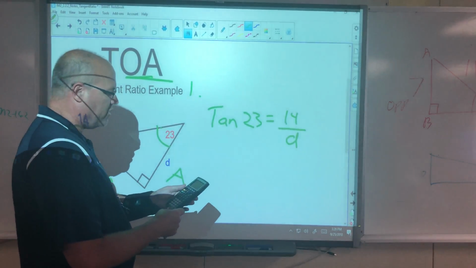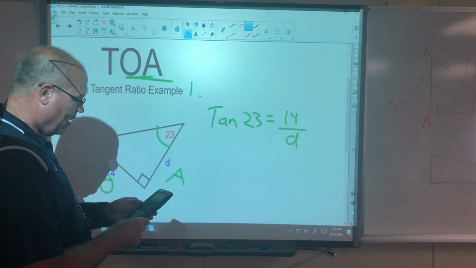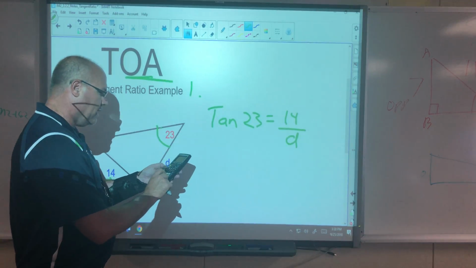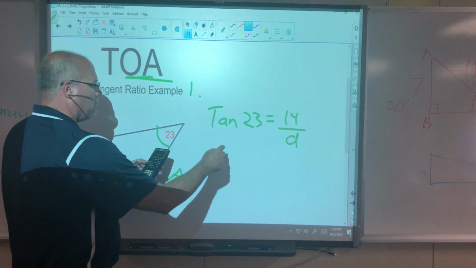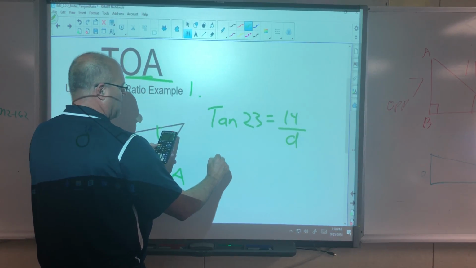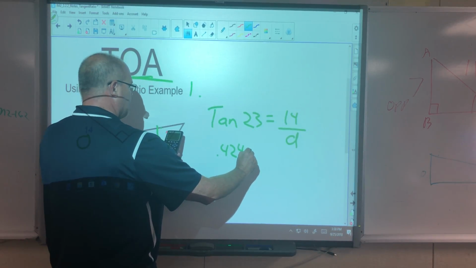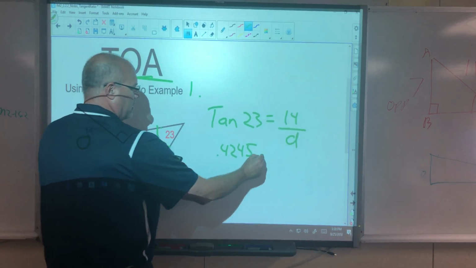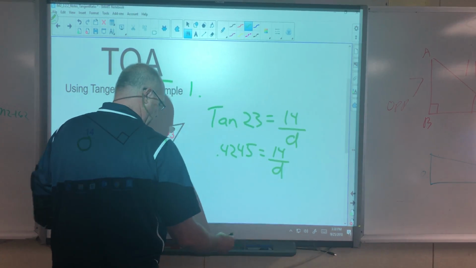Make sure your calculator is in degree mode. You can use Desmos online. We've done that in class. So I'm going to go tan 23, and I'll write to the nearest 10,000th, so that's 4 decimal places. So 0.4245, I round up the last one to 5, equals 14 over D.